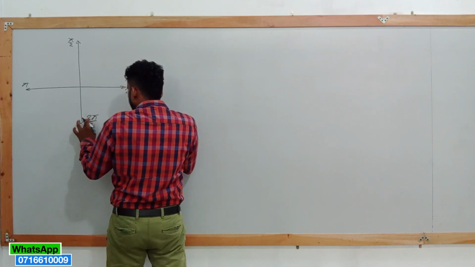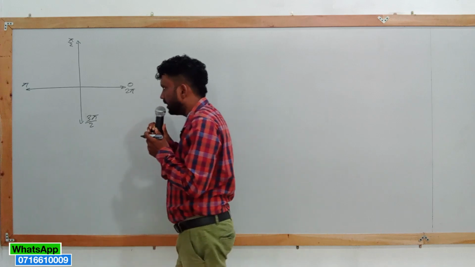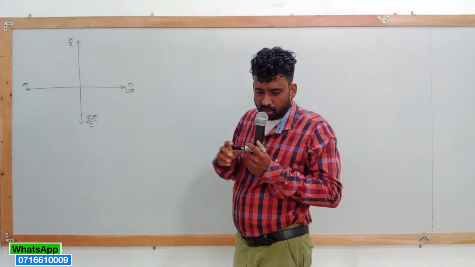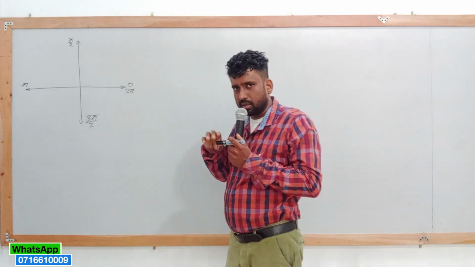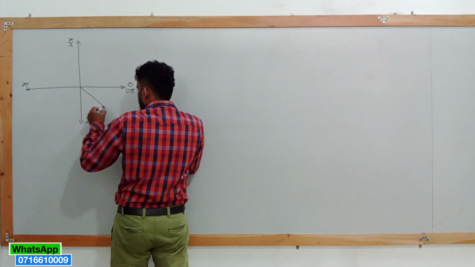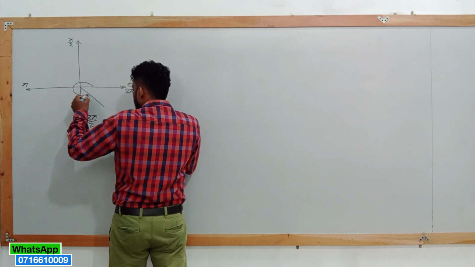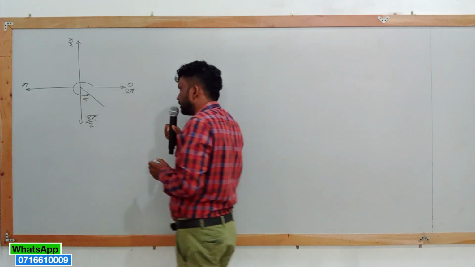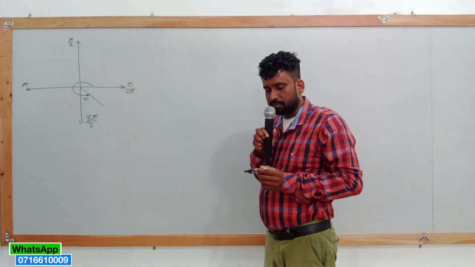Now alpha, where's the alpha? Between 3 pi by 2 and 2 pi. Think about here, and this is the alpha, right?